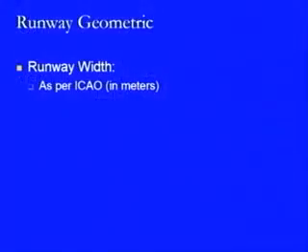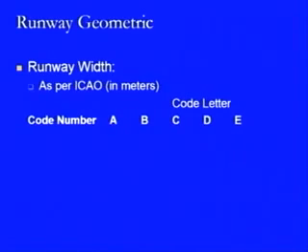Now, if we look at the specifications given by ICAO, the runway width is defined in terms of meters, and it depends on the code number and the code letter for the airport, that is, it ranges from A to E. If we have code number 1, the width of the runway can be 18 meters if it is a category A airport, and it can be 23 meters if it is category C. For code 2, this value will be 23 meters for A and B category, whereas 30 meters for C category.